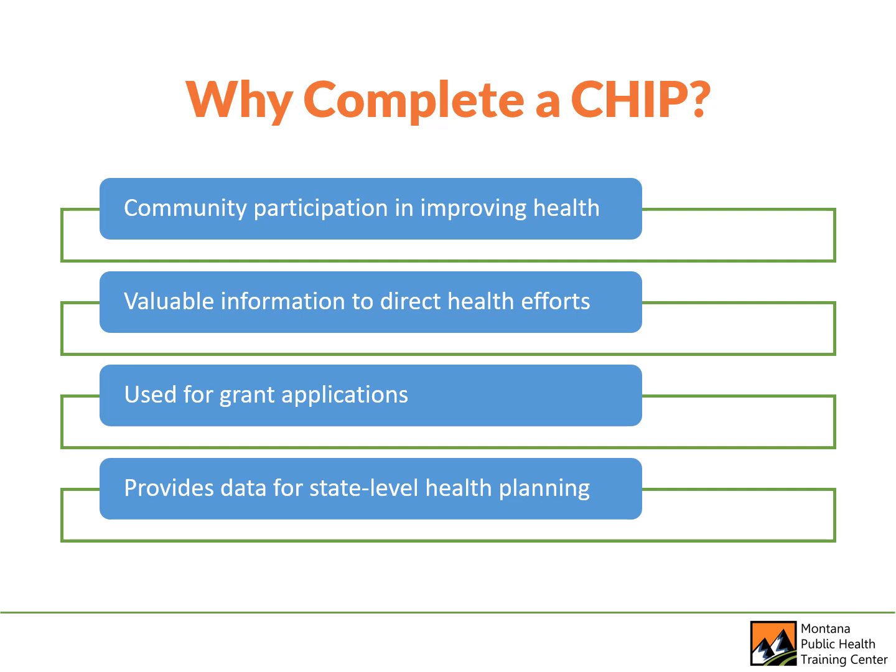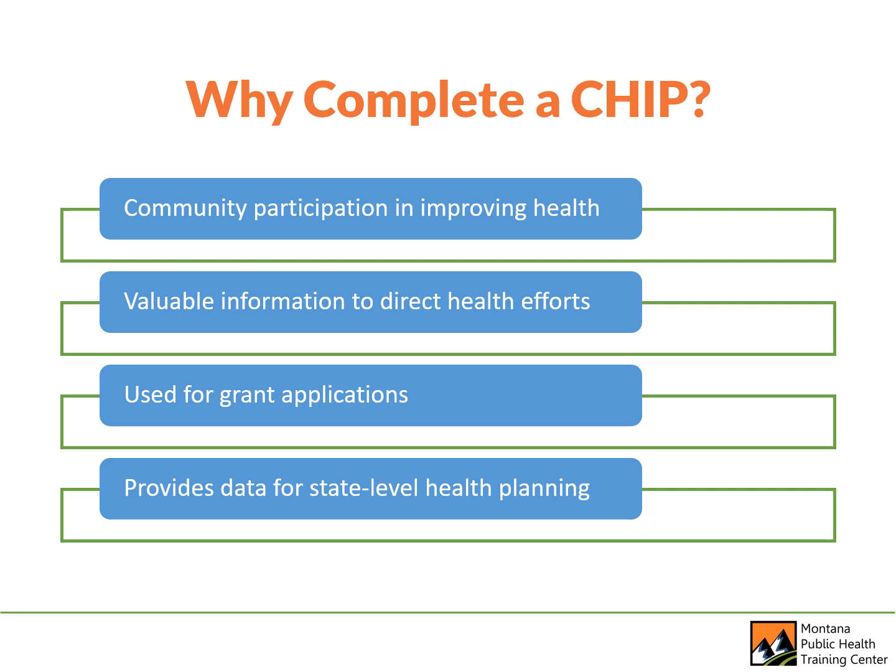So why do we complete a CHIP? This CHIP is also a community-based participation in improving health. The information that is gained is going to help direct health efforts. So we're going to decrease duplication, we're going to be able to do collaboration, we are going to be able to leverage resources, and we are going to be able to have a unified effort in order to address the health issue, with each of the sectors having their own role that they play.